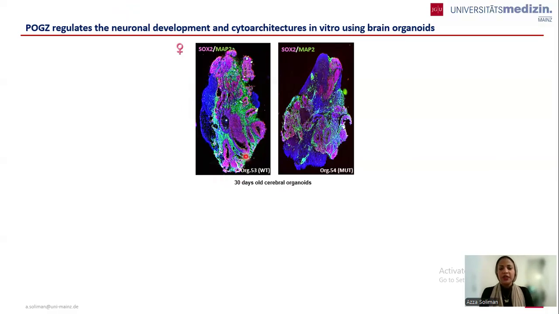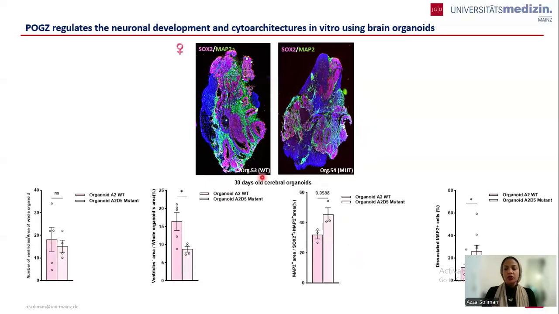This is a wild-type female organoid, and this is the CRISPR or mutant female organoid. We tried to study the organoids in terms of the number of ventricles formed, so how many ventricles are formed per organoid or per whole area of the organoid, and we couldn't see any difference between the mutant and the wild-type organoid.